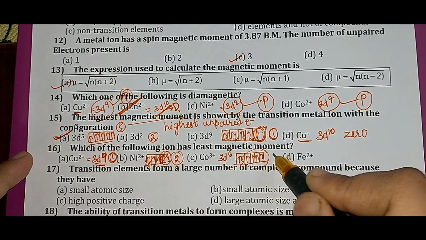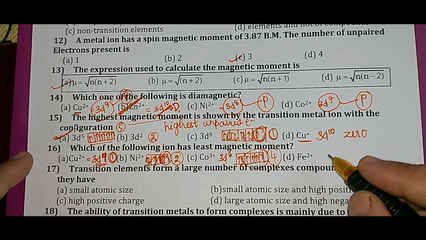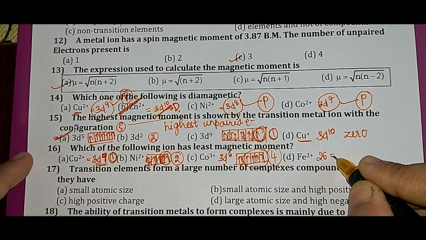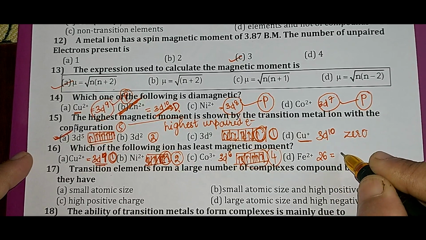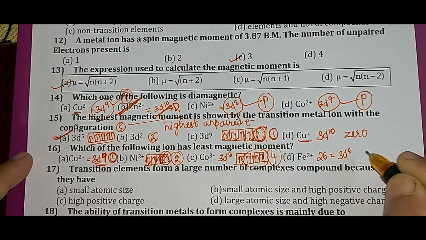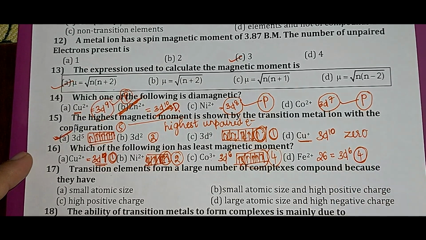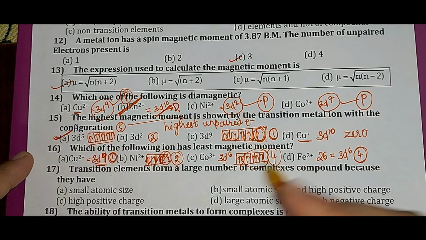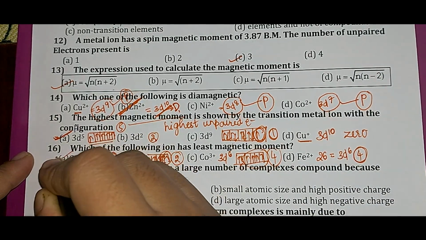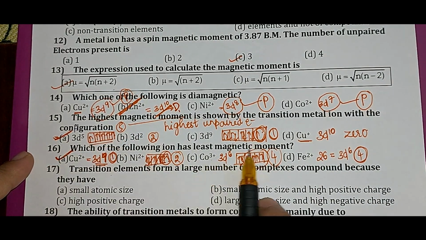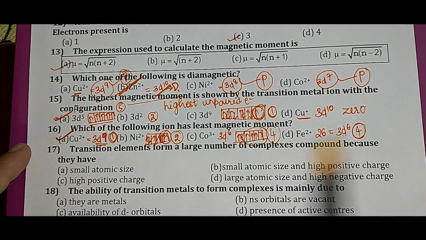So 4 unpaired electrons are present. And Fe2+, atomic number of Fe is 26. Removal of 2 electrons, you get the electronic configuration as 3d6, and here also how many unpaired electrons are present? They are 4. So least number of unpaired electrons are present in Cu2+, hence Cu2+ will have the least magnetic moment.